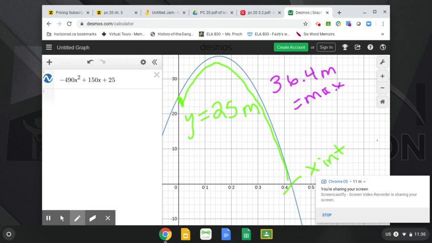The time it takes the frog to get there is 0.153 seconds. In the question it said answer to the nearest tenth, so simply 0.2 seconds.